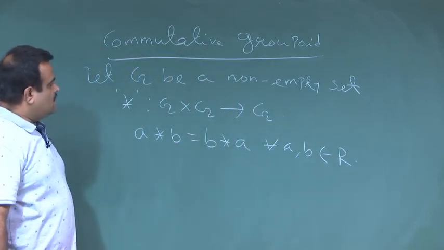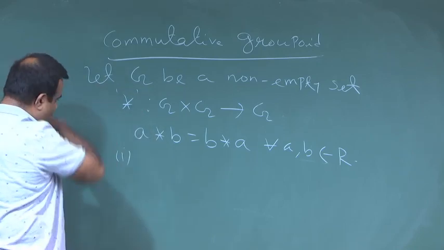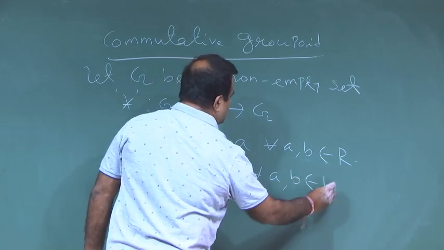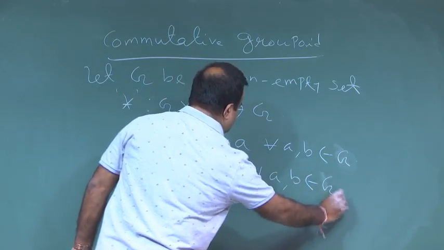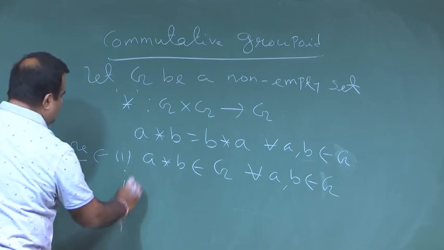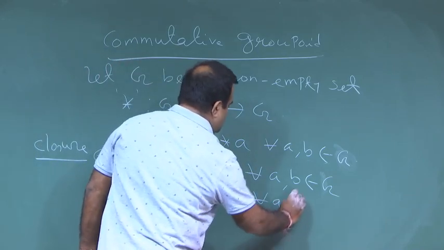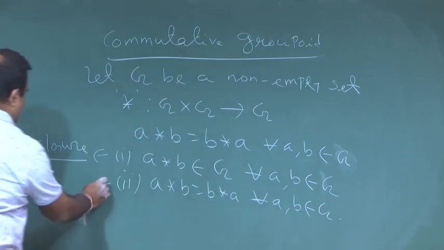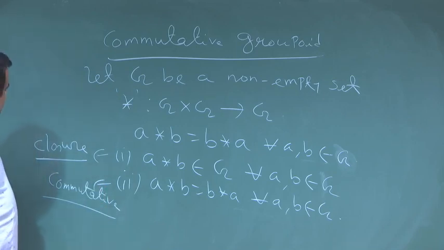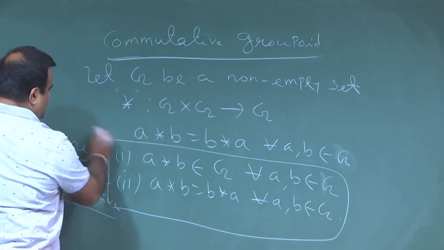So two properties need to be satisfied. The first one is closure, that is for groupoid, and the second one is the commutative property: A star B is equal to B star A. If these two properties are satisfied, then it is called a commutative groupoid. This is the definition of commutative groupoid.